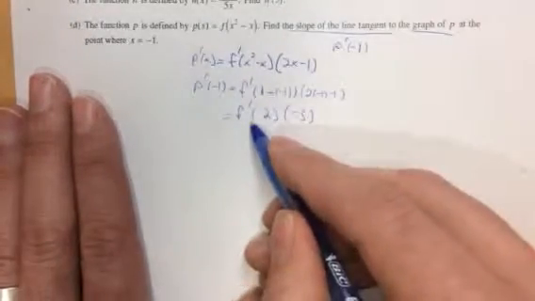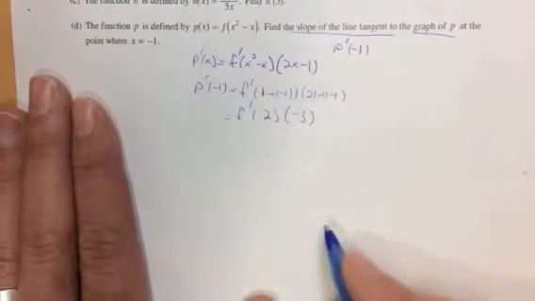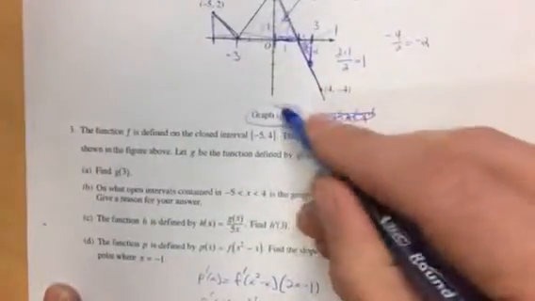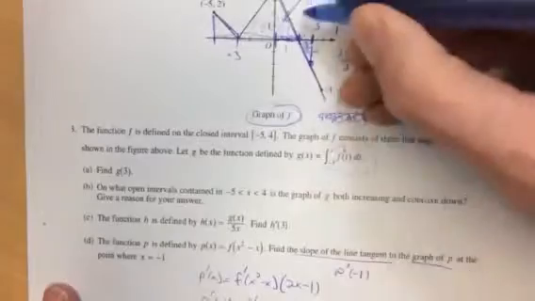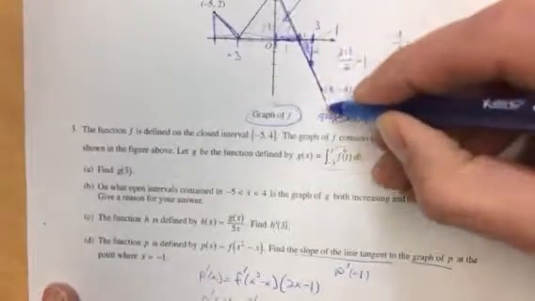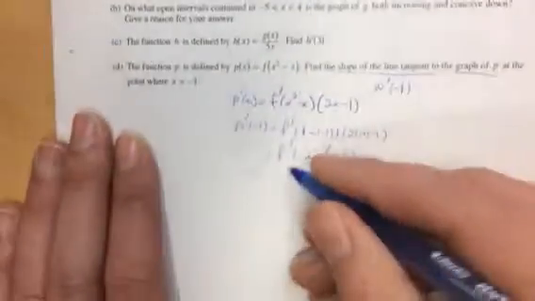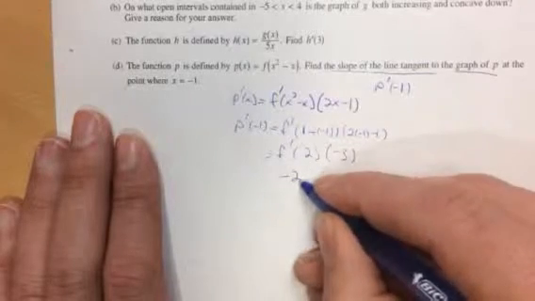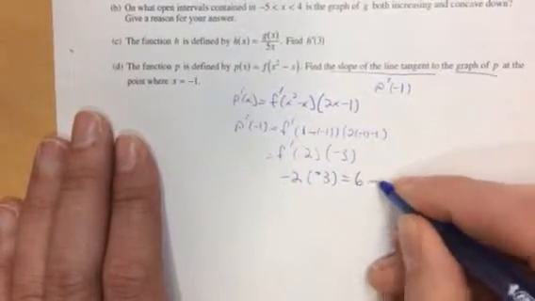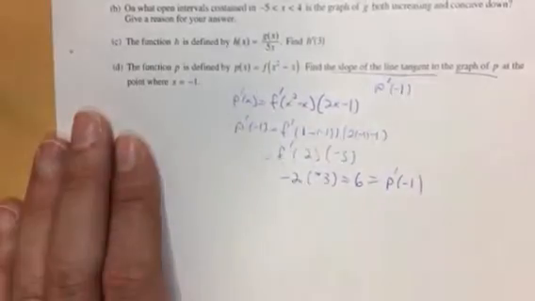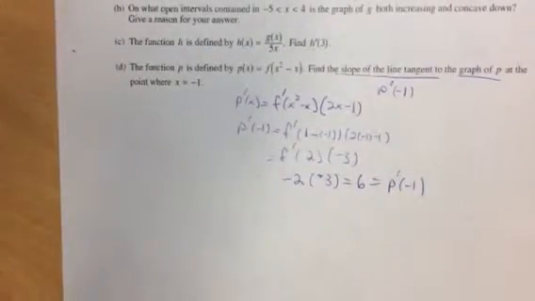So all we have to do is f prime of 2. F prime of 2, here's the graph of f, means the slope of the graph at x equals 2. And the slope of the graph is just the slope of this line. So f prime of 2 is -2. We already found the slope of the graph, times -3 equals 6. That is p prime of -1. So that is this one.